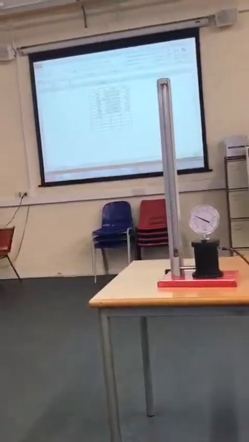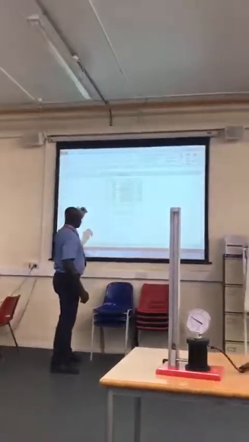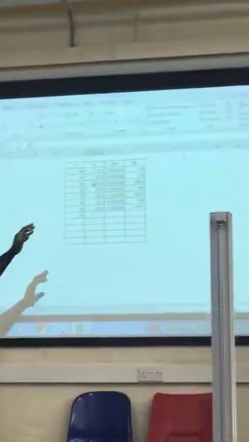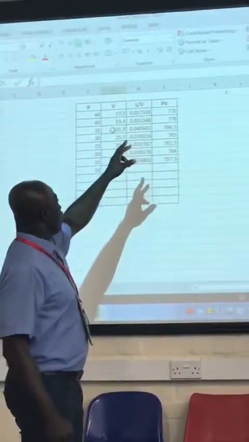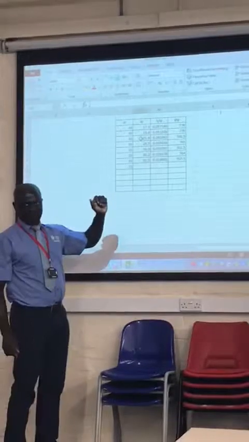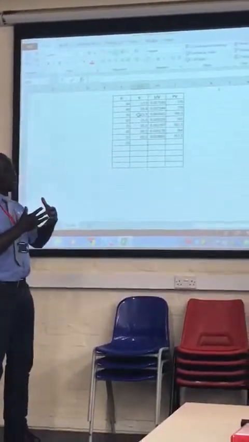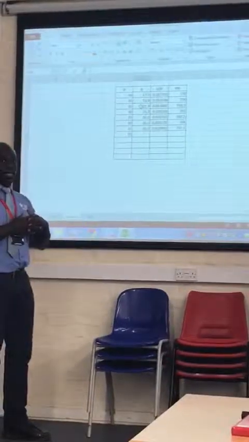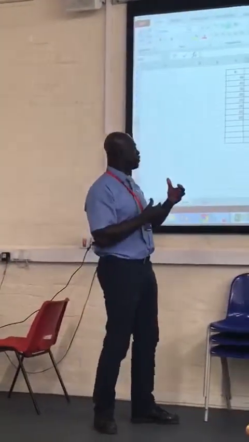Now if we look on the board, you can see that the product of pressure times volume is almost the same. The differences are not that big, simply because this is not a digital one; it's analog readings that we've taken, and that might account for these differences.